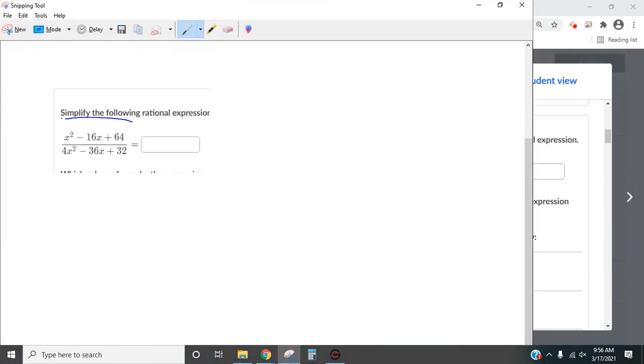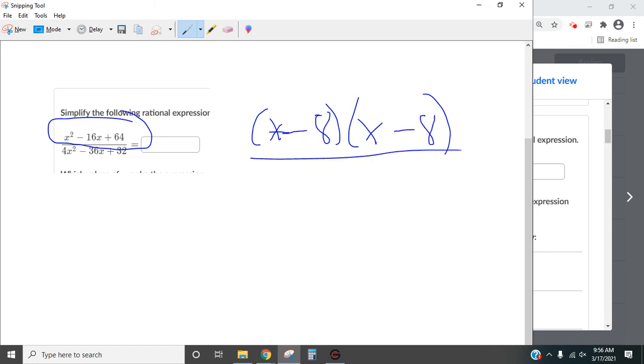So if I'm factoring this, I need two numbers that multiply to equal 64 and add up to negative 16. Oh gosh. So it'd be minus 8 and minus 8 like that. On the bottom, I would do that same thing, but before I did that, I would factor out a 4. Okay? Deal? All right. Here we go.